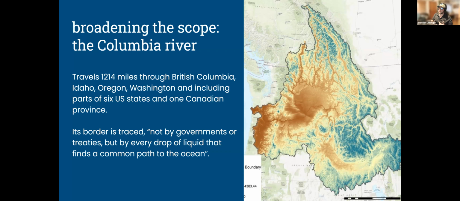So if we ever want to have real discussions about sustainability or stewardship, about salmon restoration and agriculture or energy, those conversations will need to involve every different community that's impacted by those decisions in these frameworks. We might not want to start the conversation on this level, but every different watershed and community needs to be having these conversations and needs to be able to be a part of that conversation.